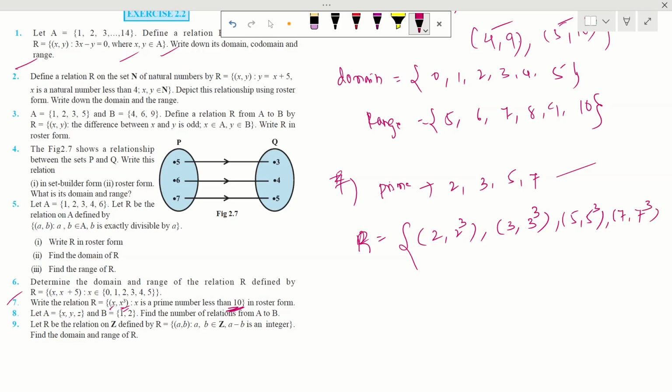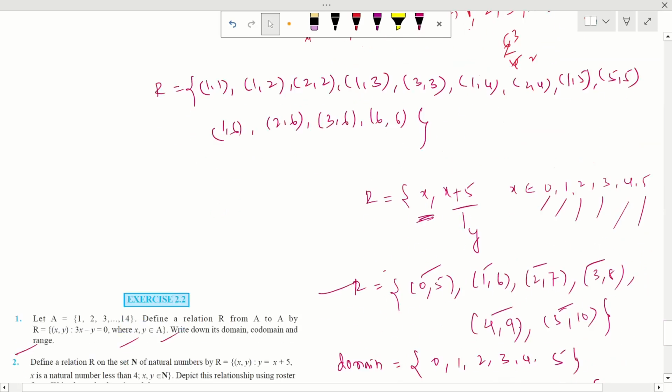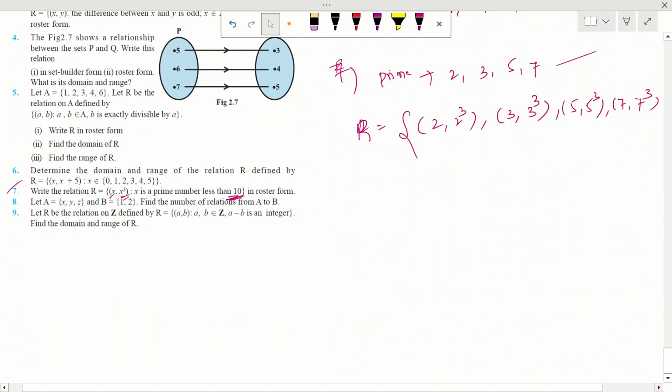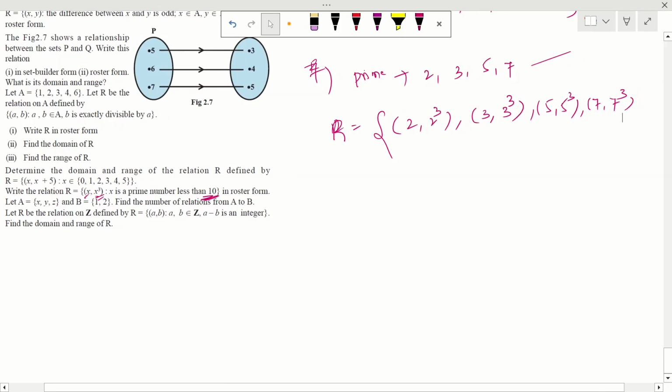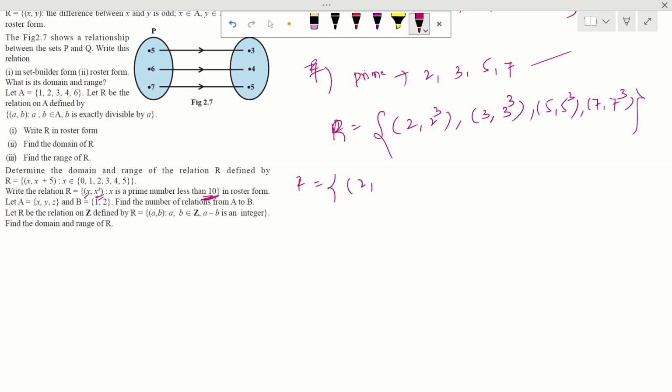Now we can write these values. 2 cubed is 8, 3 cubed is 27, 5 cubed is 125, and 7 times 7 is 49, and 49 times 7 is 343.